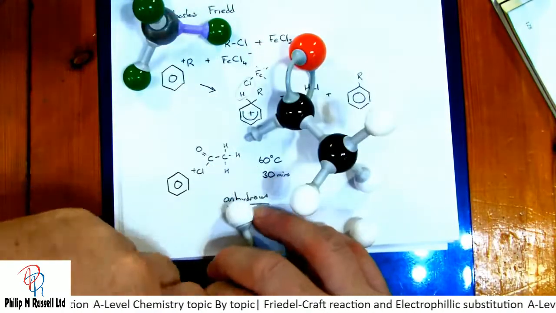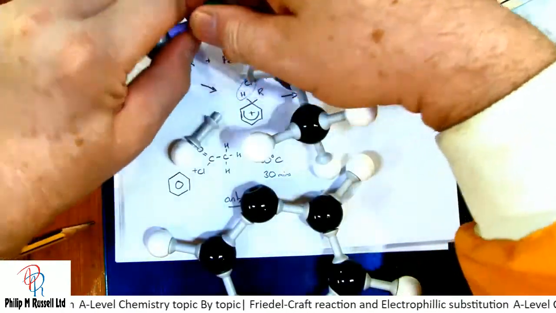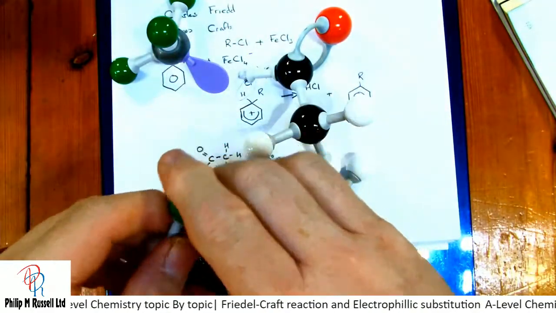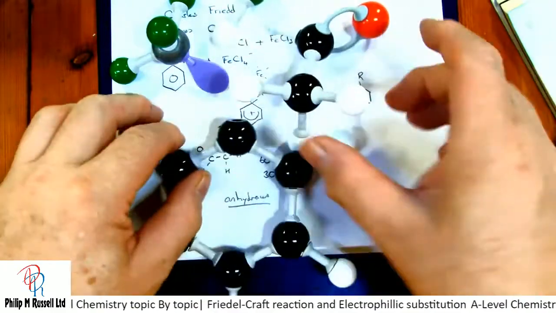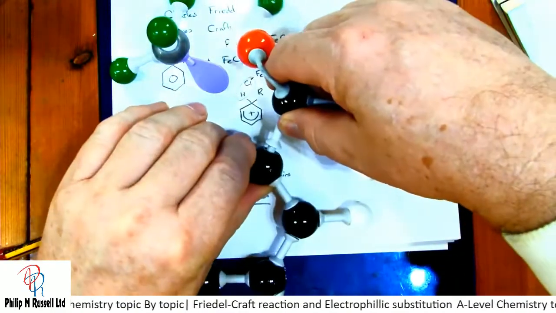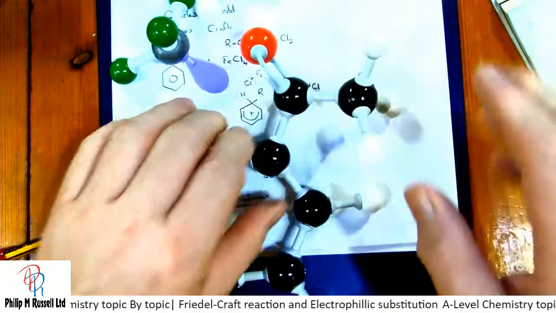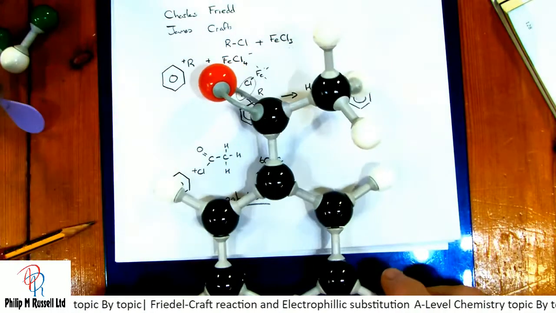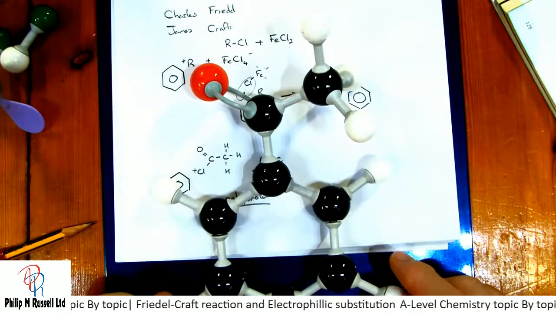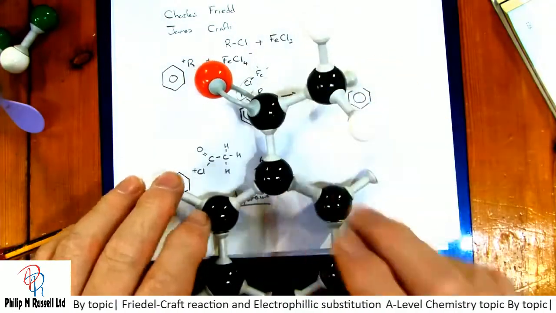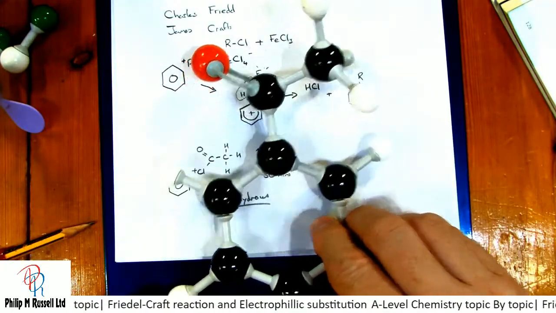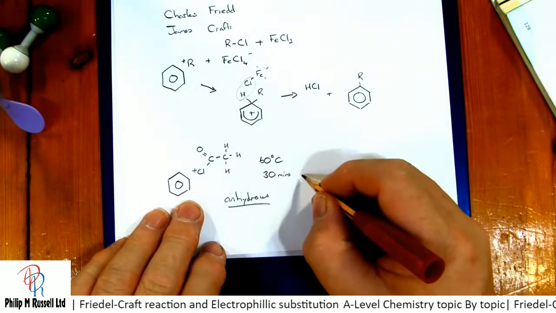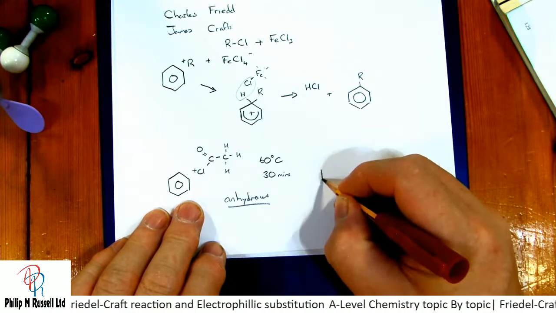So I'm going to produce my hydrogen chloride, and we're this time going to manage to attach a more powerful group to our benzene ring. And so this time we've got something a little bit more powerful added. Let's draw that out. So I've got this going. We're going to get here our intermediate.